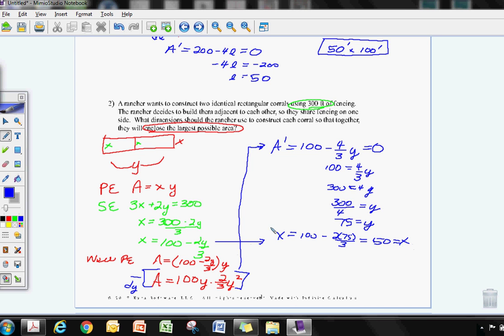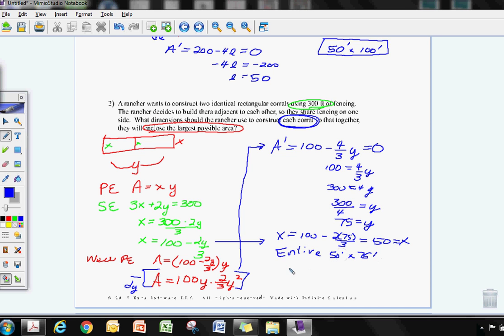Okay, but this question has a little kick to it. It asks, what should the dimensions be for each corral? The dimensions of the entire pen would be 50 feet by 75 feet.